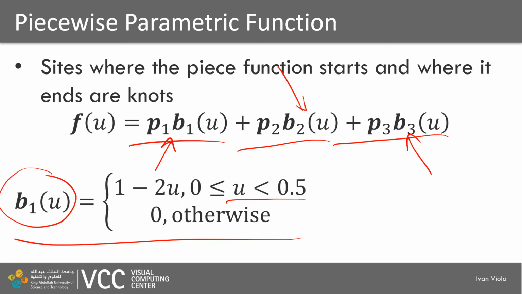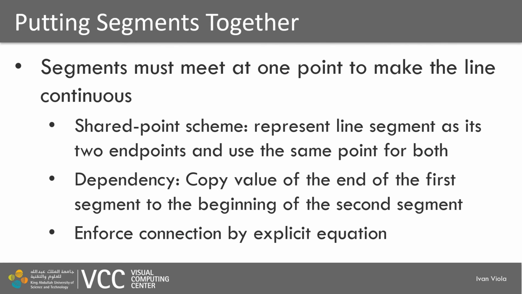But for example, for the first segment, this third term will always be 0. Similarly, for the second segment, this first term will always be 0. When we have several segments, then we need to ensure, in order to create one continuous curve, that these segments are connected together and form continuity.